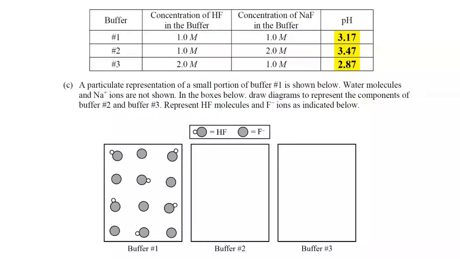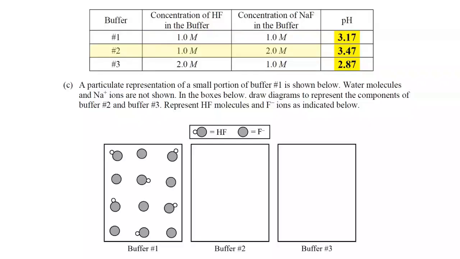So from the information in the table, we see that for buffer number 1, the concentration of HF is equal to the concentration of F minus. And that's what we see represented in that first particulate diagram for buffer number 1. We see 6 HF molecules and 6 F- ions. Now, moving on to buffer number 2, we can see from the information in the table that the concentration of F- is twice as much as the concentration of HF.